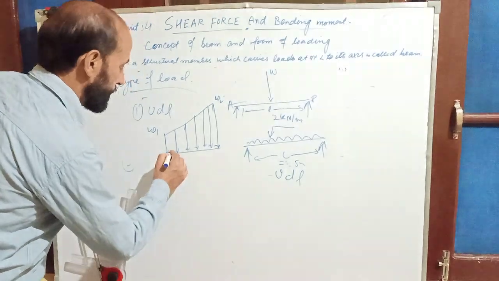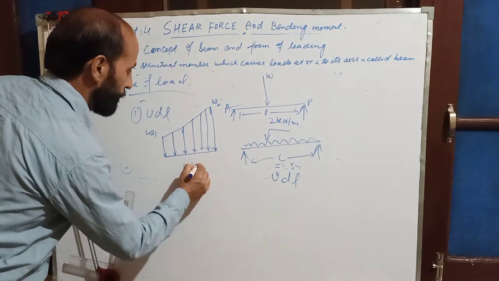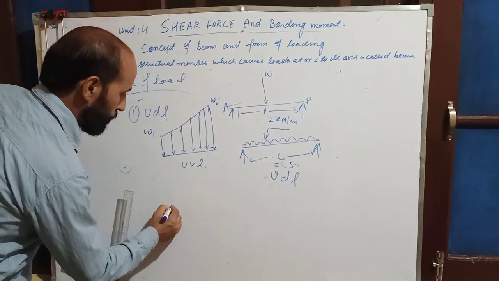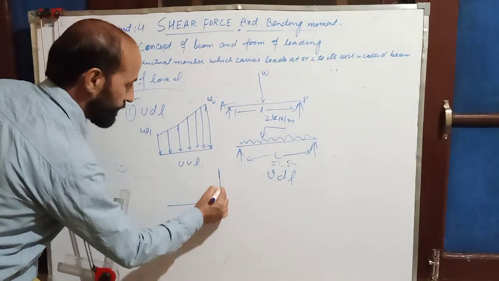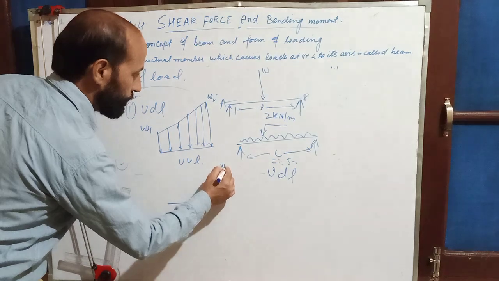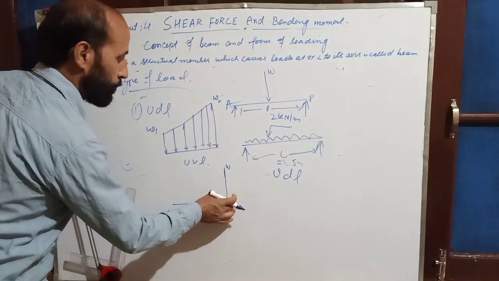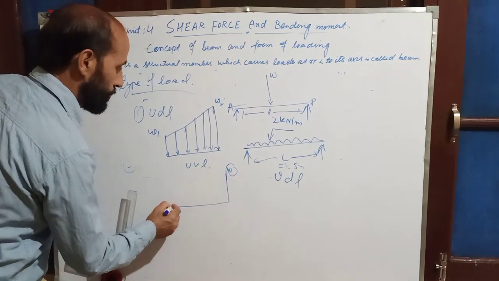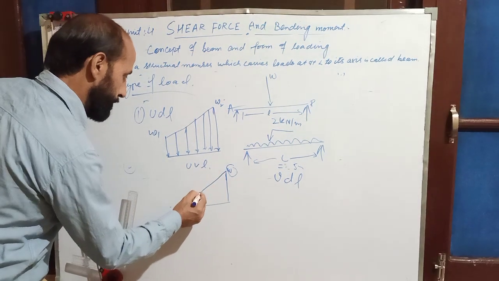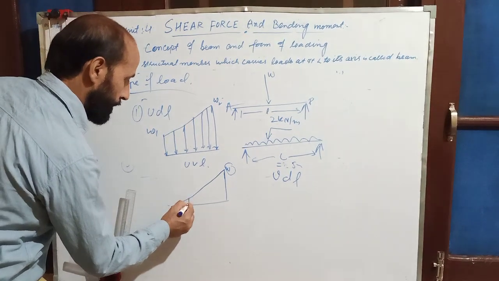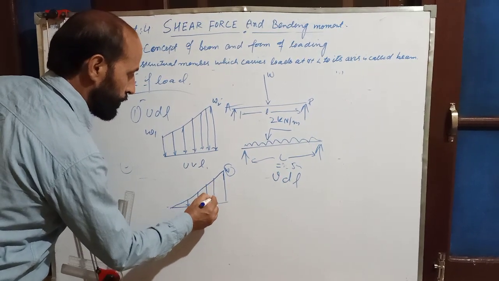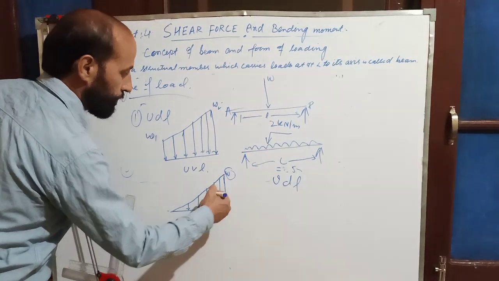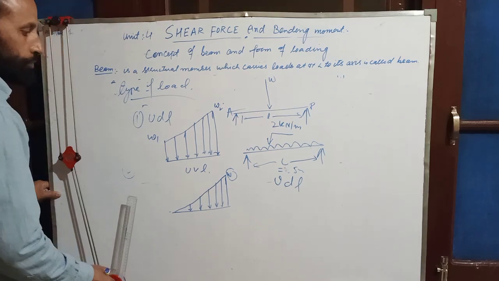This is known as uniformly varying load. If the load at this end is 0, and here is, say for example, W, the intensity of load at this point is W and here is 0, then this will be its diagram. The load increases from this point to this point.